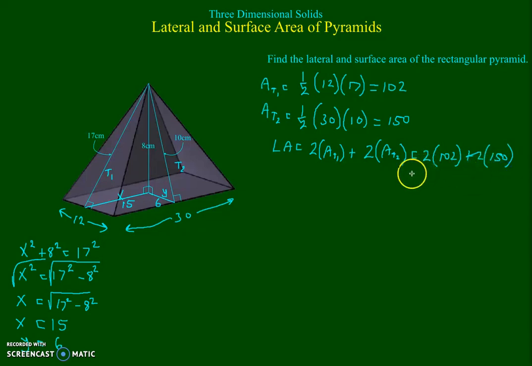And that whole thing comes out to 504. Now we can do our surface area. So surface area is equal to lateral area plus big B, which is the area of the base. And that gives me 504 plus area of the base is just 12 times 30.